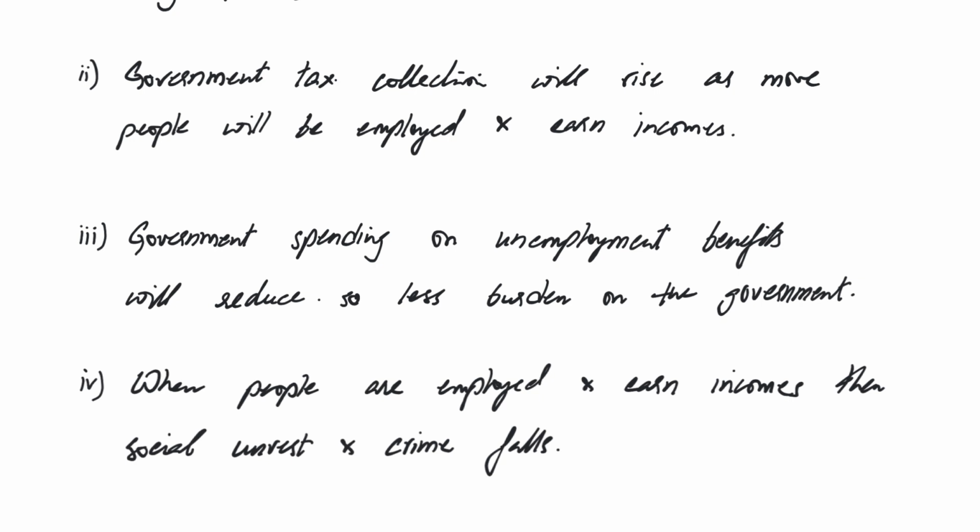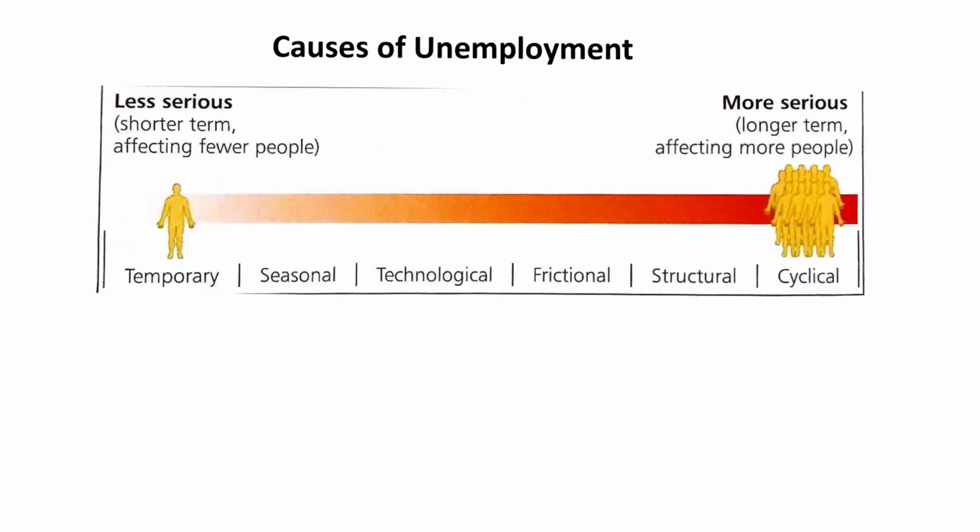So it's quite good if we're able to achieve full employment, and all of these will definitely help out. People will be happier, they'll be able to feed themselves, the families will flourish, and their reliance on the government will reduce. So definitely that would play a good role.